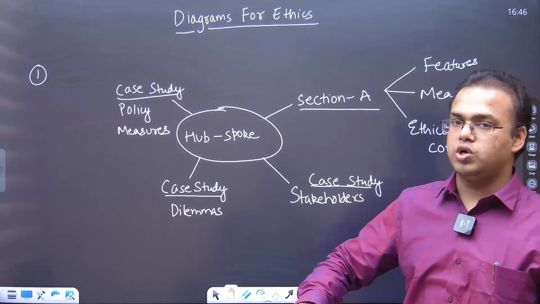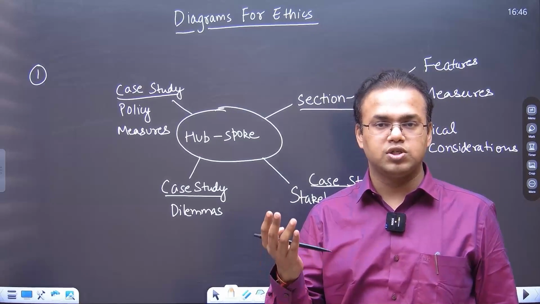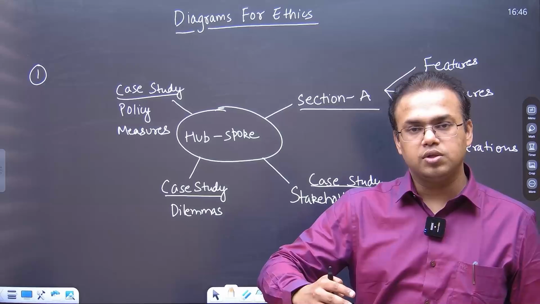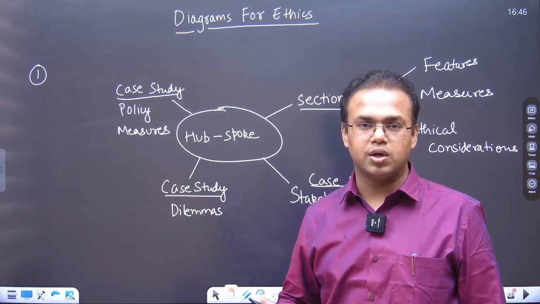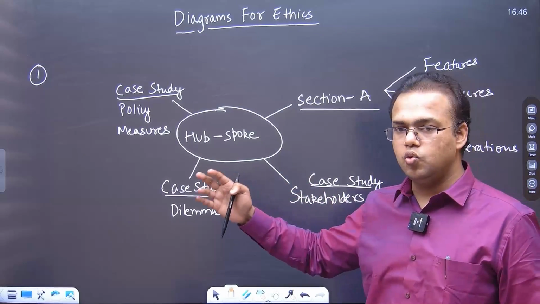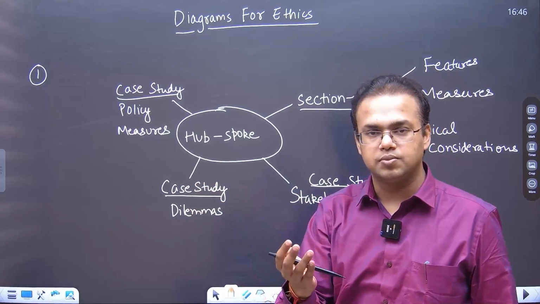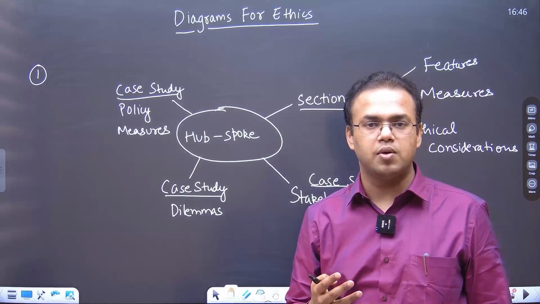Now, if in case number one, I have drawn a hub and spoke diagram for stakeholders, then for case number two, I'll use a different diagram for stakeholders, as I'll tell you in the coming minutes. And in case study two, I'll use hub and spoke for dilemmas, so that I am not fixed with my approach.